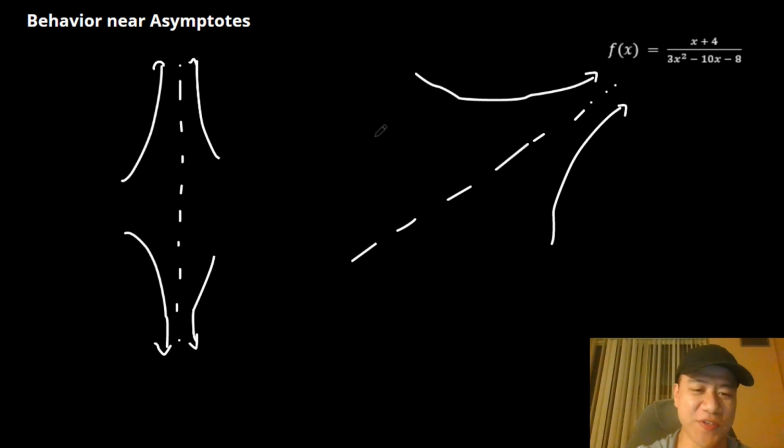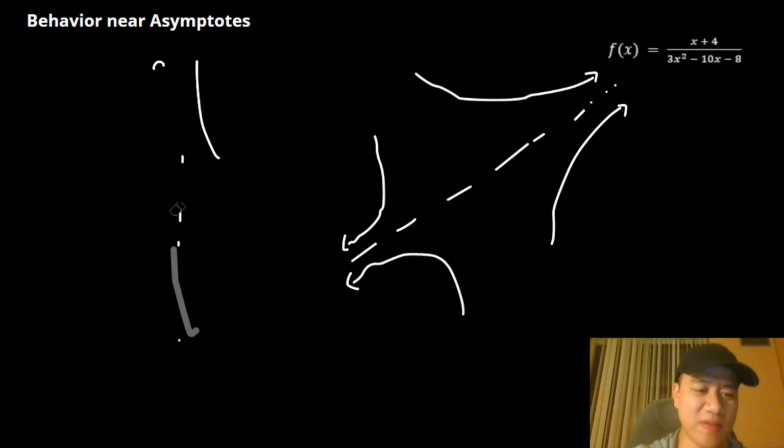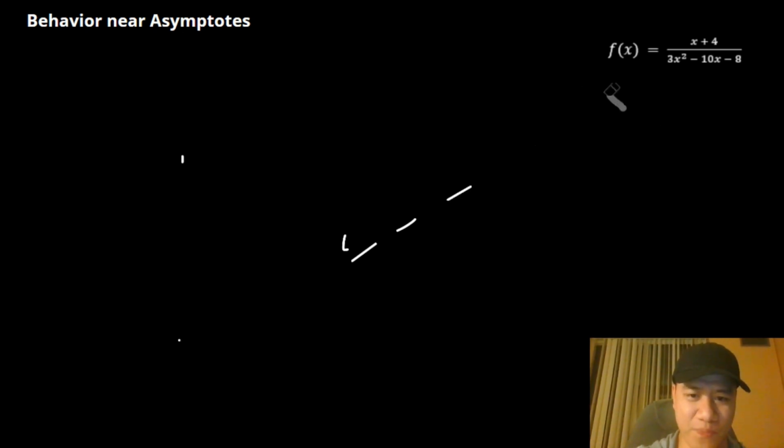And is it going to come from above or below when x goes to negative infinity? So when we analyze behavior, we are basically figuring all of those things out. So let's start doing it.